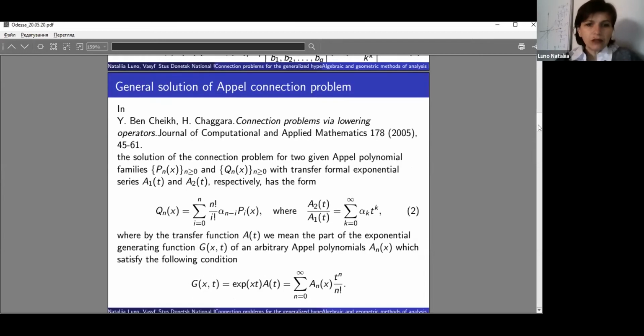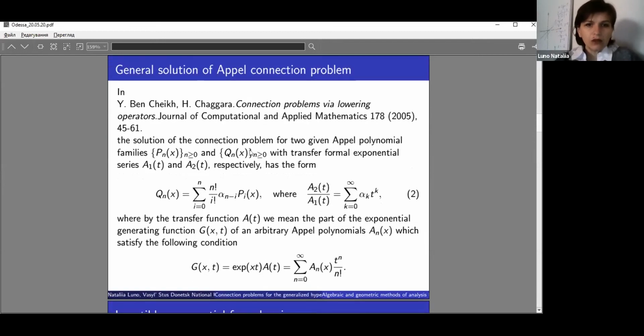The fact is that if you have two Appell polynomial families P_n and Q_n with respective transfer formal series A1 of t and A2 of t, then you can always define the unknown coefficients in the sum on the right-hand side.